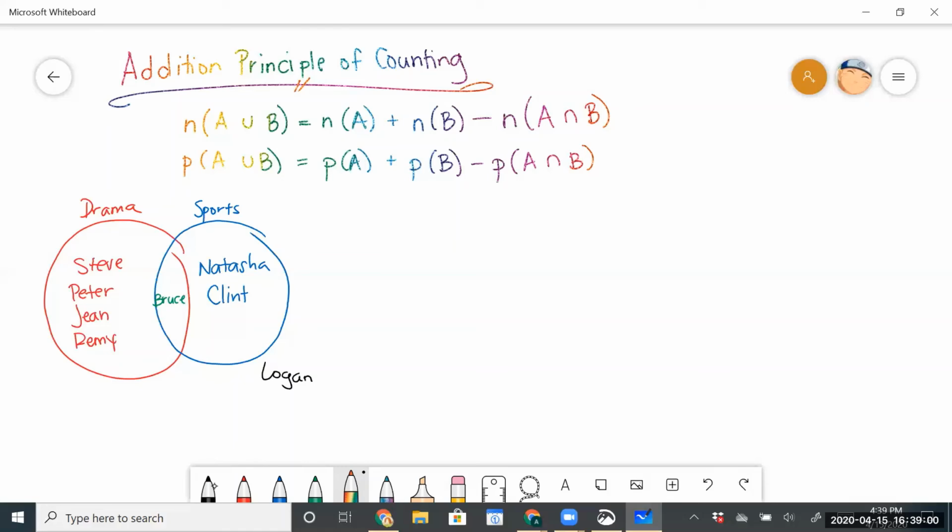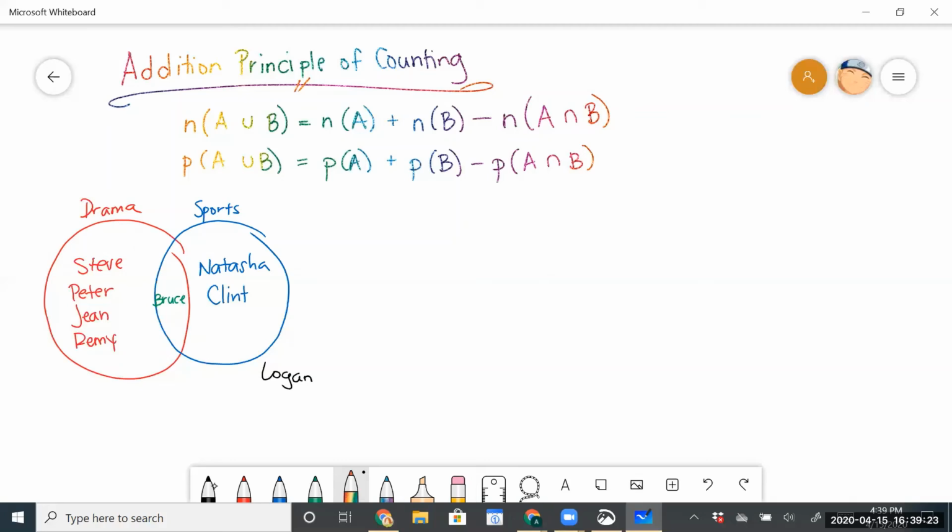So what was the big deal about having this complicated principle of counting? The only answer I can really come up with is that it's often the case that you can answer the number of A and the number of B and the number of A and B, but if you're not given a Venn diagram, then answering the number of A or B becomes a little more complicated.